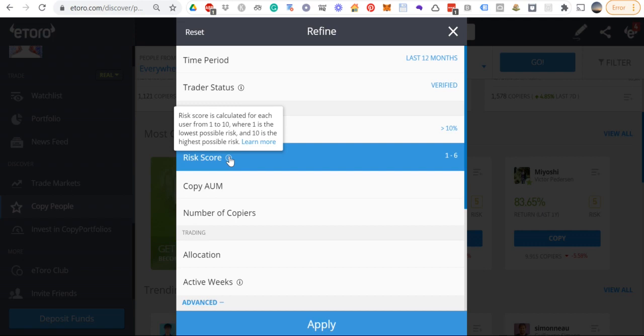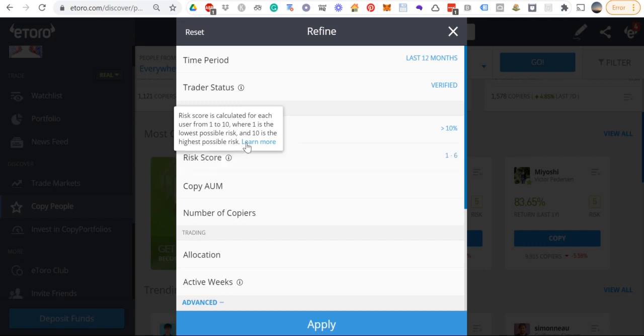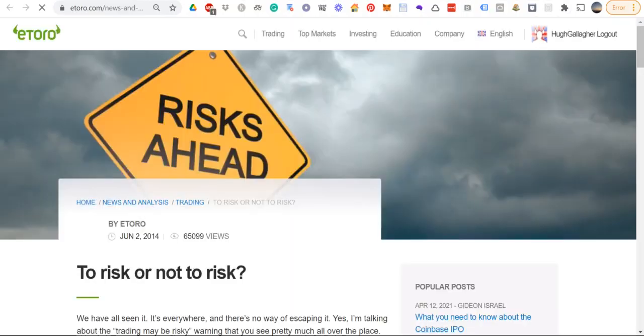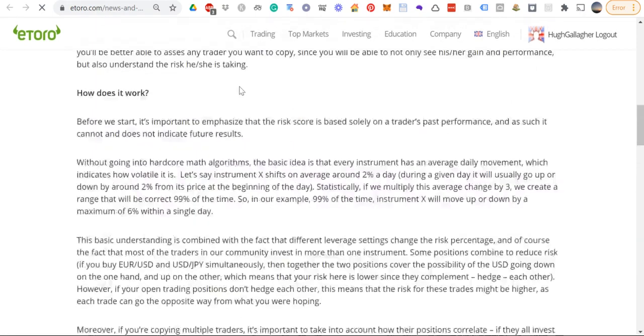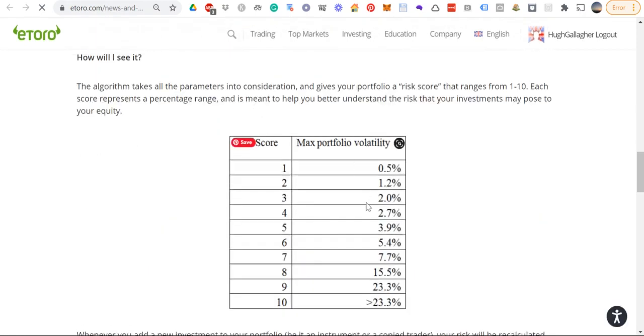The risk score. If you hover over the information bit there and then right click, you'll see if you scroll down, you can read through this if you want, but essentially this table here is showing you these risk scores and these percentages. There's volatility.